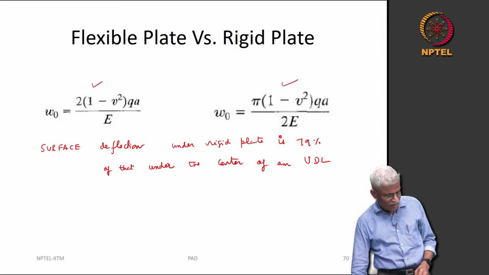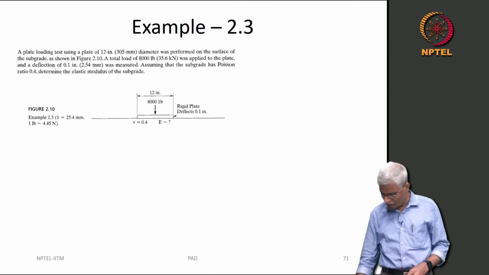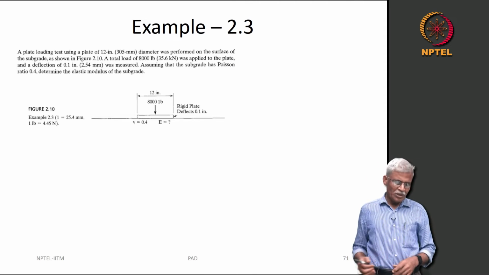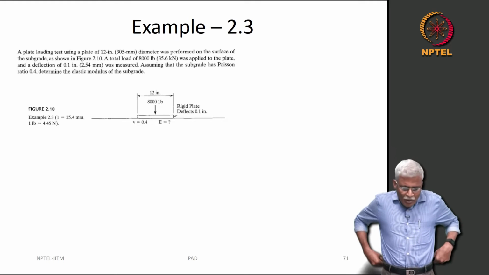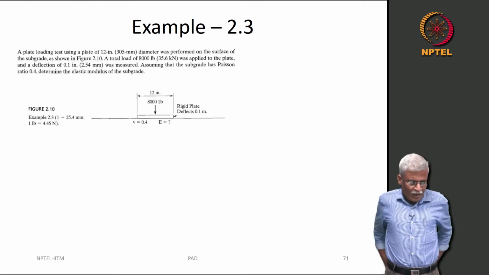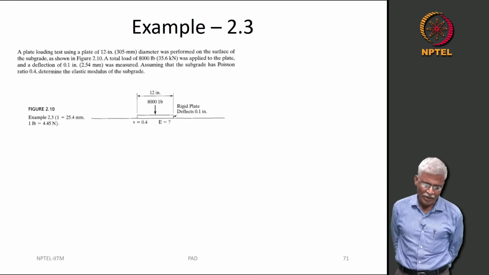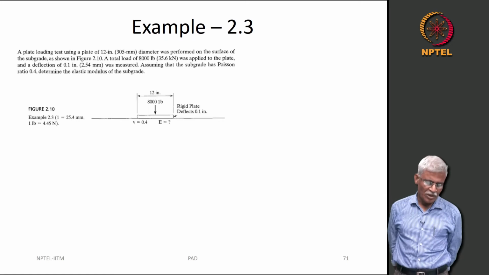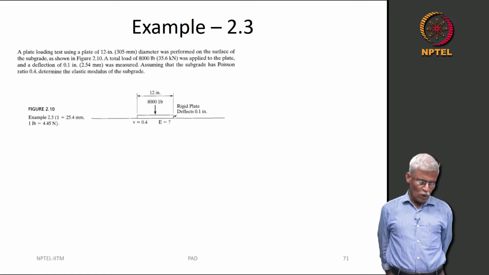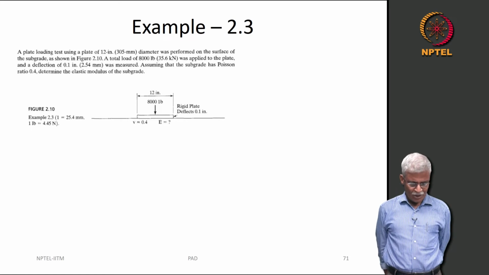Okay. So, let us try and see whether we can solve some simple problem here. What does this problem say? This is example 2.3. A plate load test using a plate of 12 inches diameter was performed on the surface of the subgrade as shown in figure 2.10.